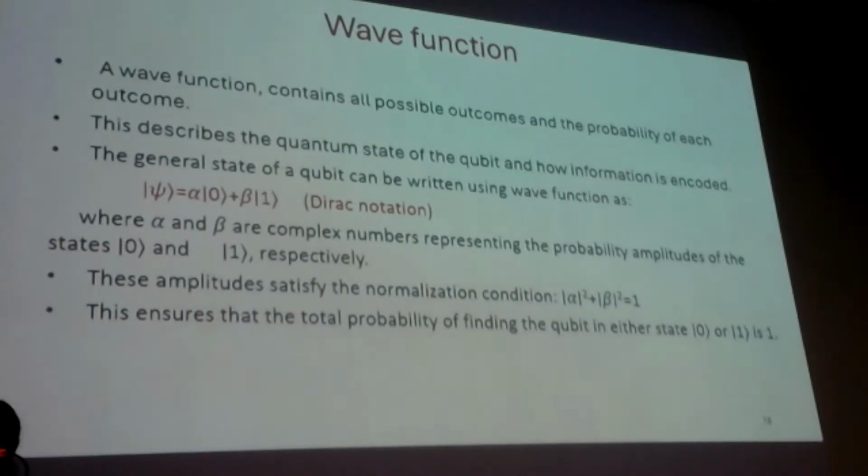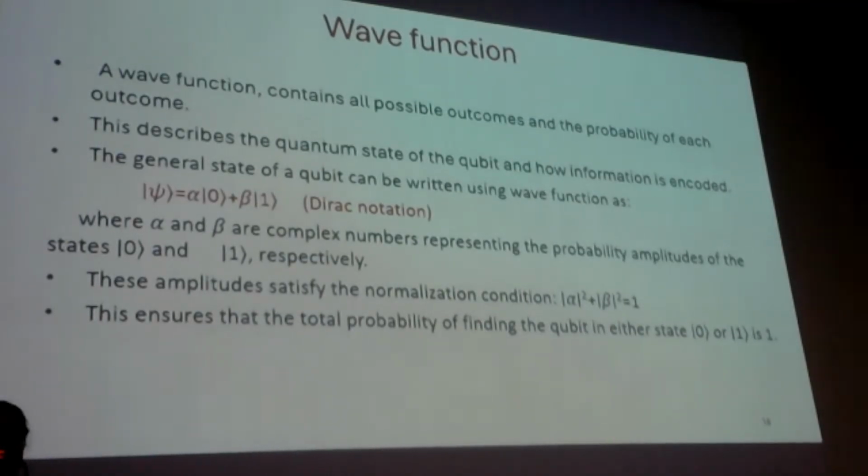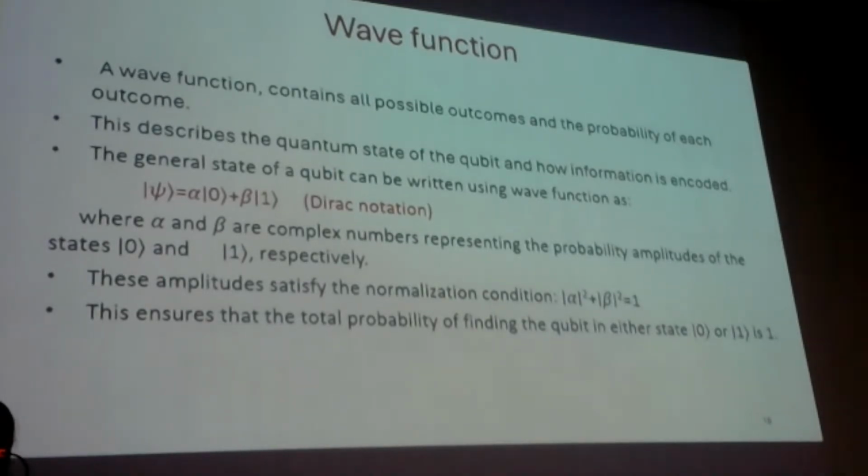This describes the quantum state of the qubit and how the information is encoded. We represent it in a certain form, that is psi is equal to alpha ket 0, K-E-T, ket 0. You have a vertical line, a 0 with a greater than symbol. That indicates the quantum bit and not a classical bit.